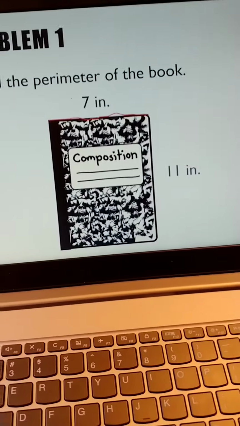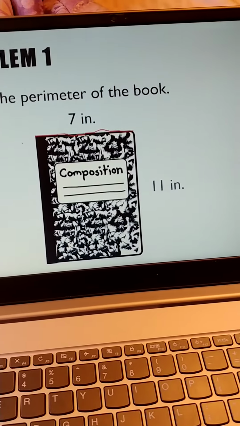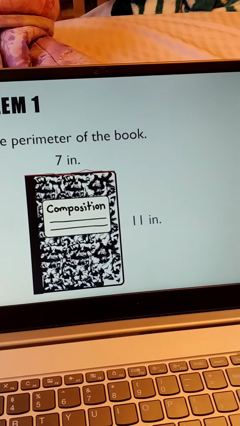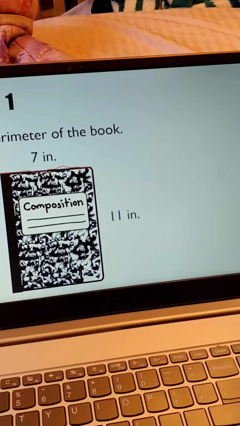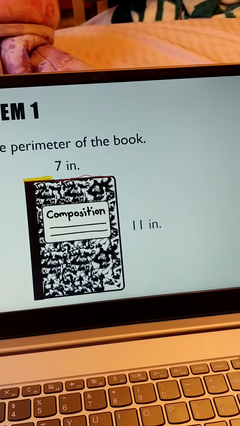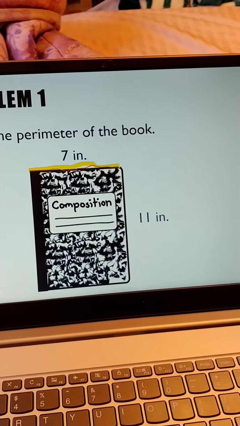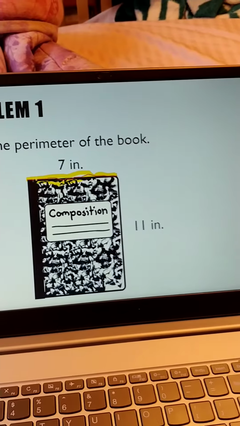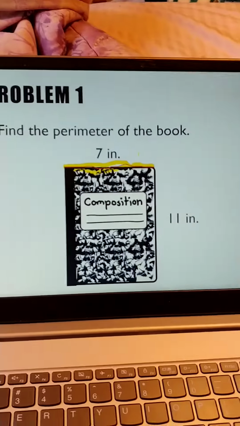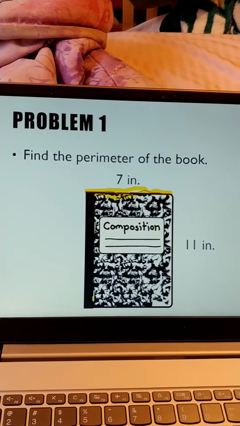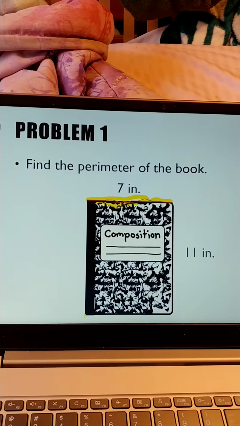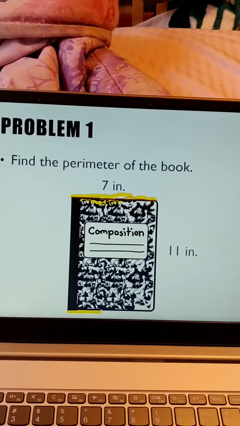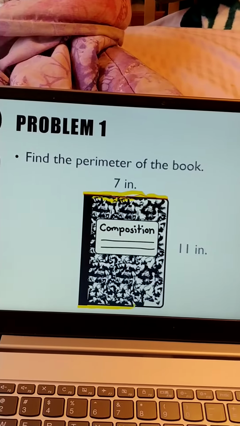So this side that I have, let me make that a highlight. This side right here, again, not completely straight, but that's okay, has a width of 7. So let's go down to this side that's parallel to it. Remember, we learned about parallel from our last unit.